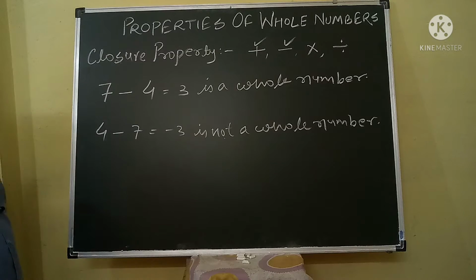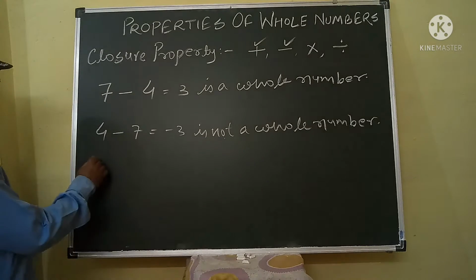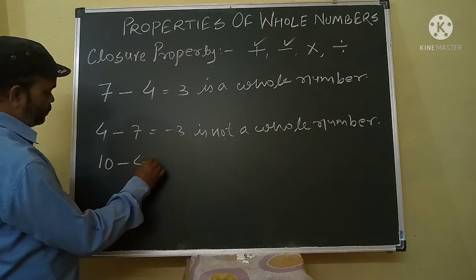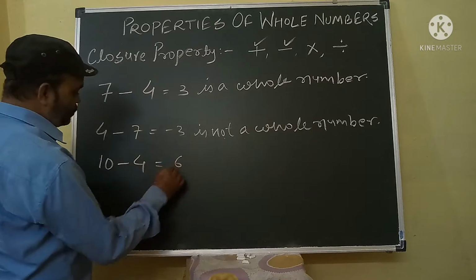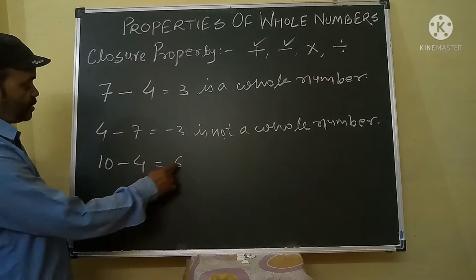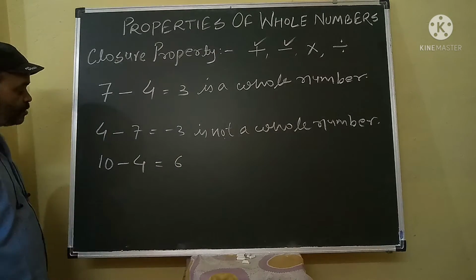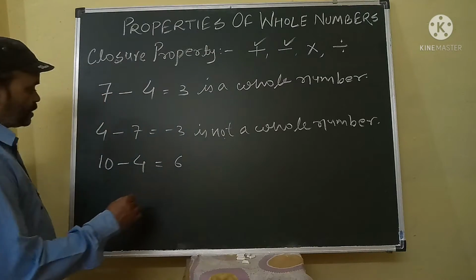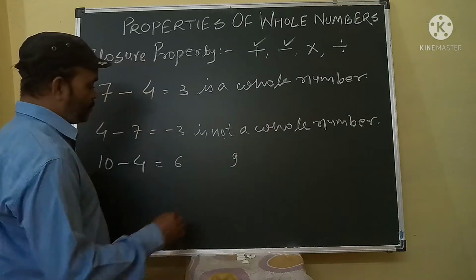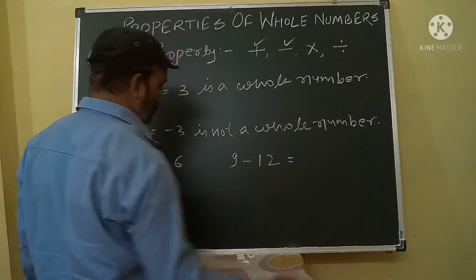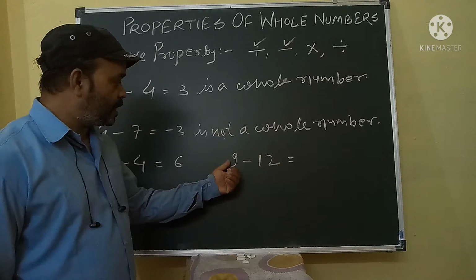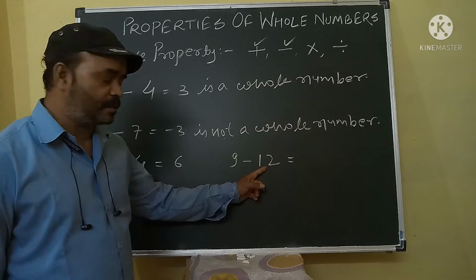Okay. I want to give one more example. Suppose this is 10 minus 4. 10 minus 4 is equal to 6. 6 is a whole number. But in another example, suppose this is 9 minus 12. What will you get? 9 is the smaller number, 12 is the bigger number.